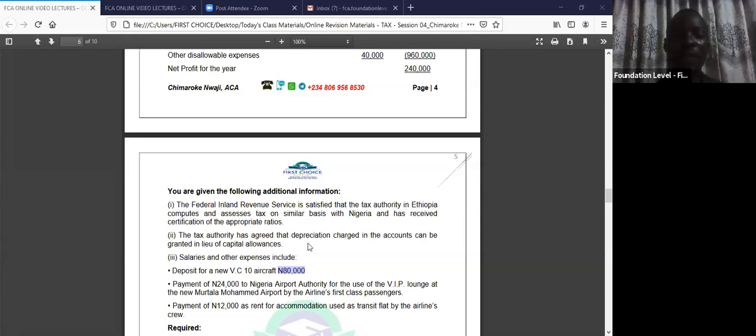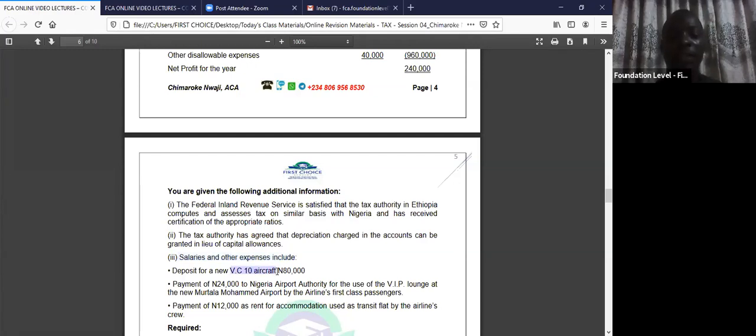All right, I was saying now, let's look at these salaries and expenses. I was saying that if you see the word include, it means the things that they include here will not be up to 800,000. And so all of them need to be adjusted. But when you hear comprise, they will tell you the breakdown of the whole 800,000. Now, deposit for a new VC-10 aircraft.